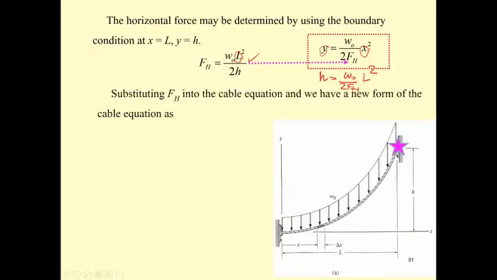From this equation, you may put the equation for F sub H back into the cable equation. You get a new form of the cable equation, in this form. Or you may find the cable equation from here, or from here. You are going to get the same line of cable.